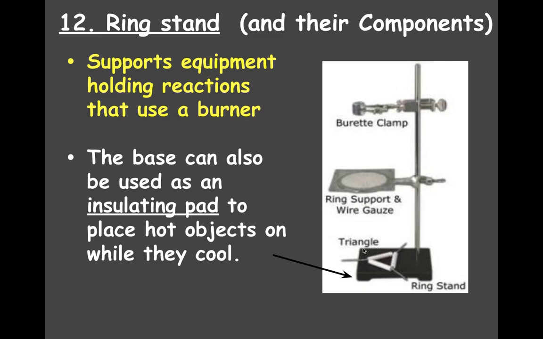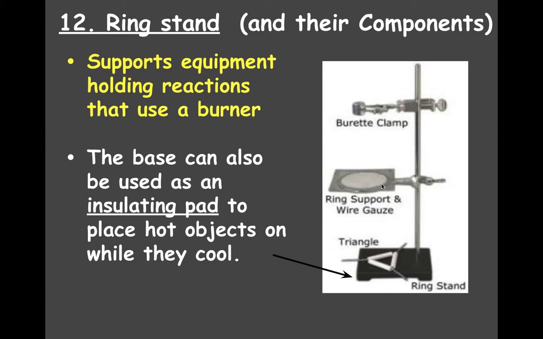So if you heated a beaker, if you heated a flask, you could place it on the bottom here to cool off. Otherwise, we typically put our alcohol burners or your Bunsen burner here. The flame travels up and will heat whatever is sitting on top of here. Here we can see that there is a wire gauze, so this wire gauze would be used to put your beaker or your flask at the top.